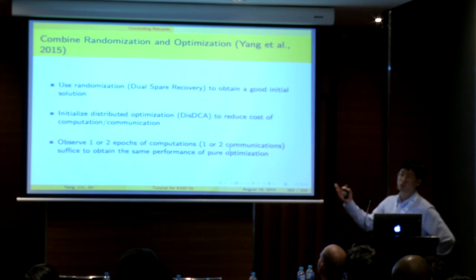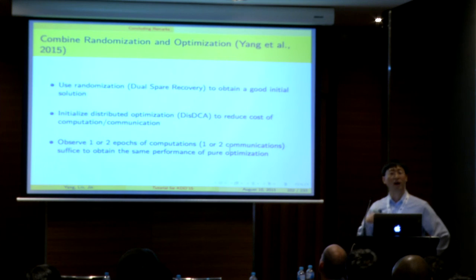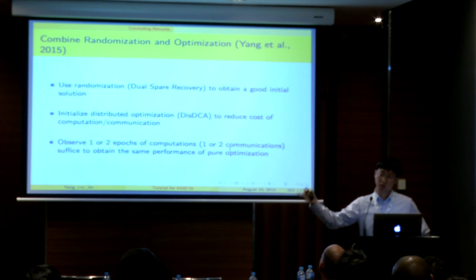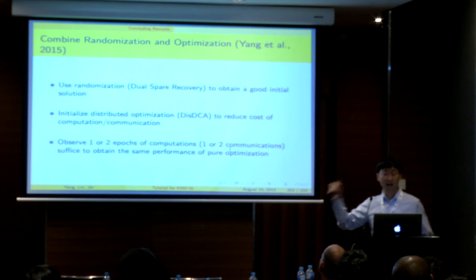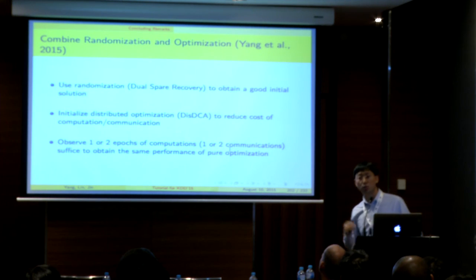You use randomization first to obtain a good initial solution. Here we use the dual sparse recovery approach to solve a reduced data problem. We get a good initial solution, and we use that to initialize a distributed optimization. Here I choose the SDCA that I proposed in 2013.